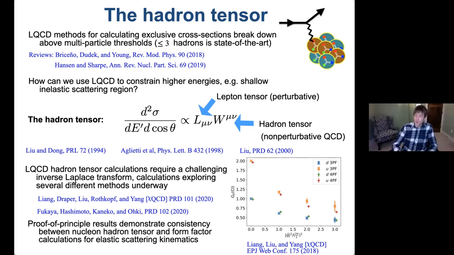So the closest approach here is a really nice paper by John Bulava and Max Hansen that showed that you can get particular final states through generalizations of this formalism, let's say. But this has been proposed, but has not yet really been implemented. So people are thinking about it.